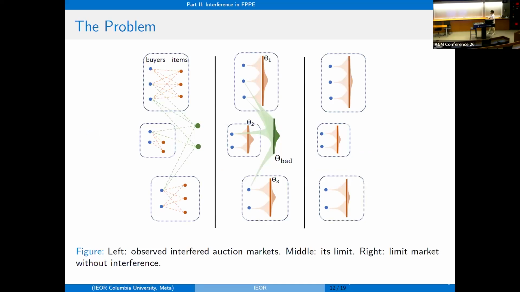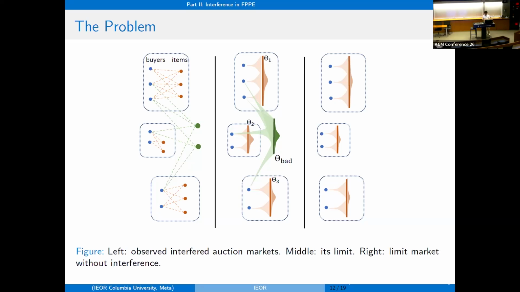So just a graphical illustration of our formulation. The left panel is the figure we just saw at the very beginning. It represents the interfered data we observe in practice. And the middle panel is the limit analog of that interfered market. And here are a few more notations.